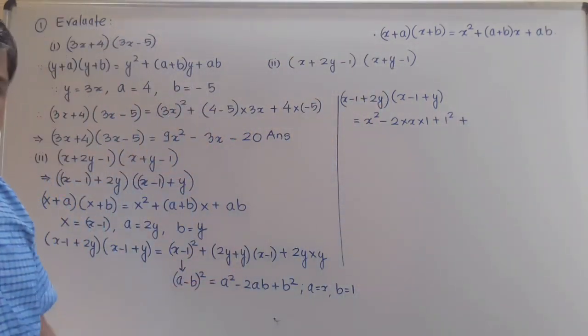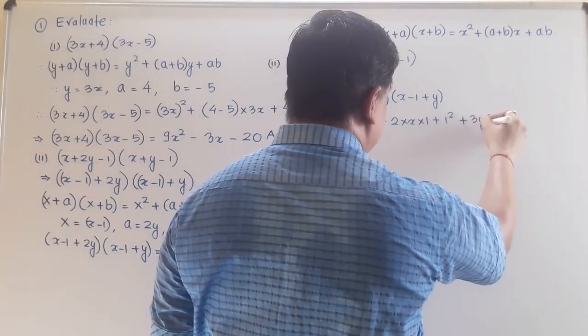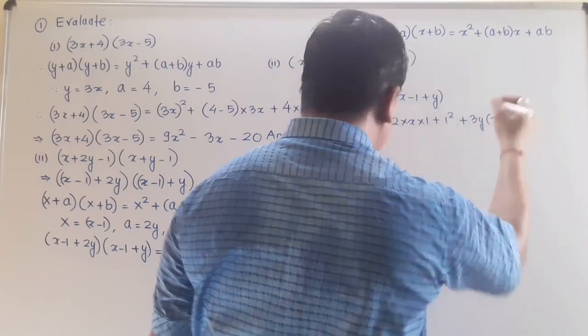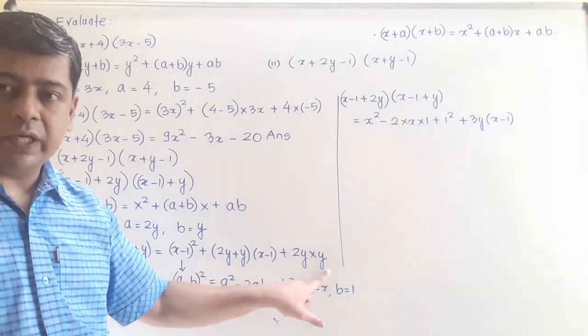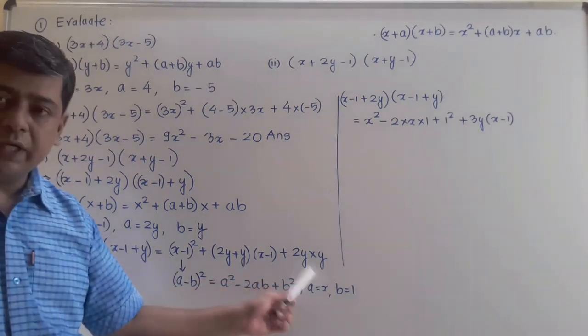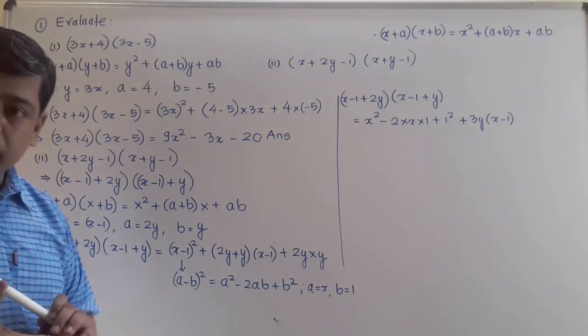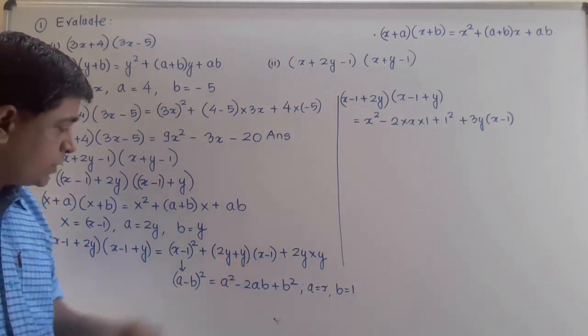2y plus y, total it will become 3y. So 3y we need to multiply further in x minus 1, and 2y into y. Y into y, their power will increase. Remember, here we have added and here we have multiplied. So what is the difference between both of them? Here 2y and y, if you add, their coefficients will be added.